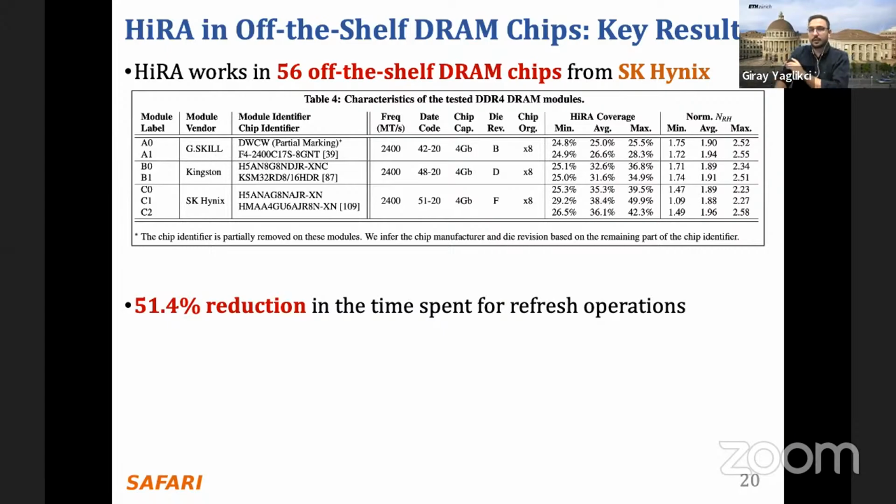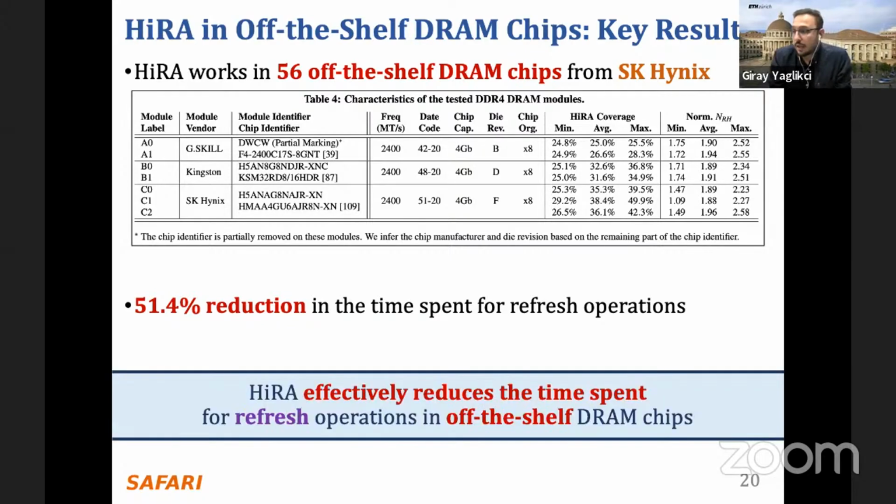Another result is that when we perform this HiRA operation and overlap the latencies of refresh and row access, we reduce the time spent for refresh operations by 51.4%. We conclude that HiRA effectively reduces time spent for refresh operations in off-the-shelf DRAM chips.